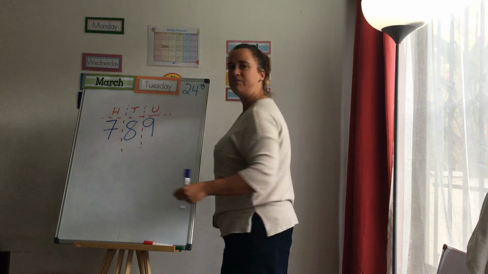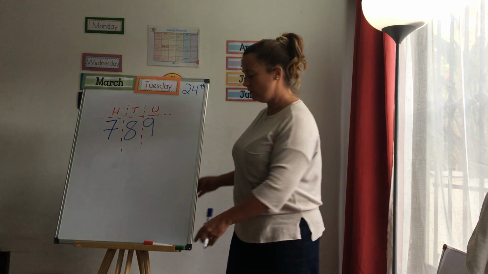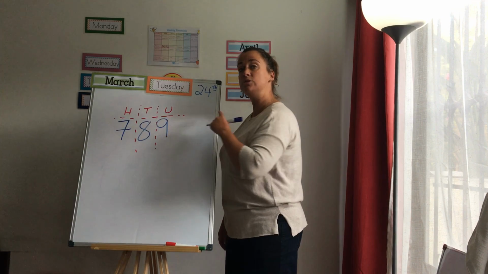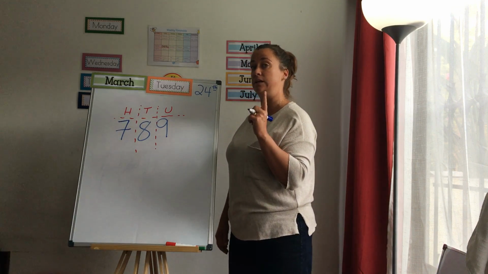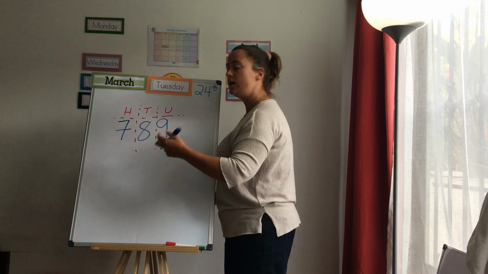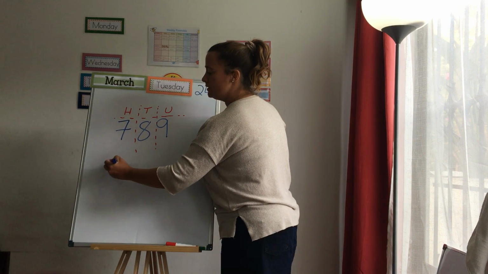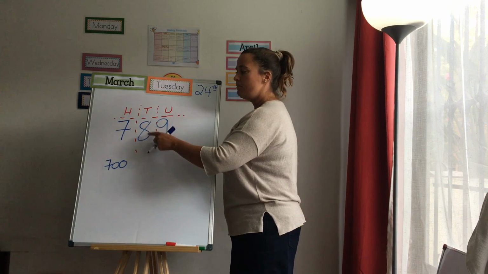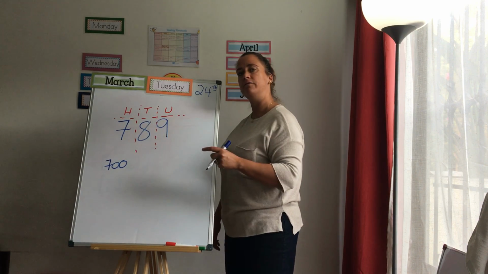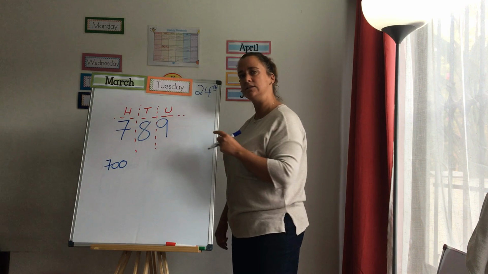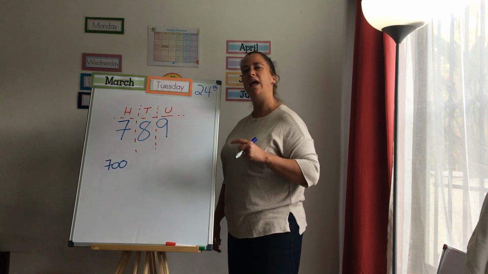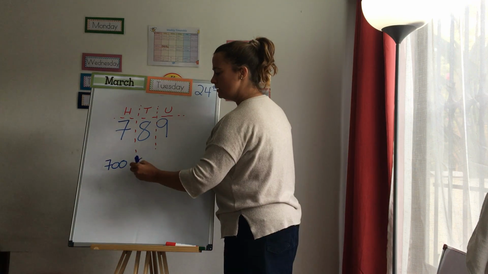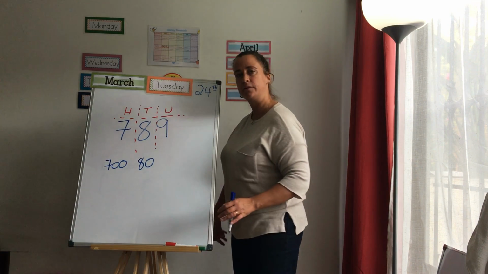How much is this 7 worth? What's the value of that 7? Remember, the answer is given to me in the place that it is in. 700. How many tens does this number have? It has 8 tens. And how do I write 8 tens? Well done. As an 80.